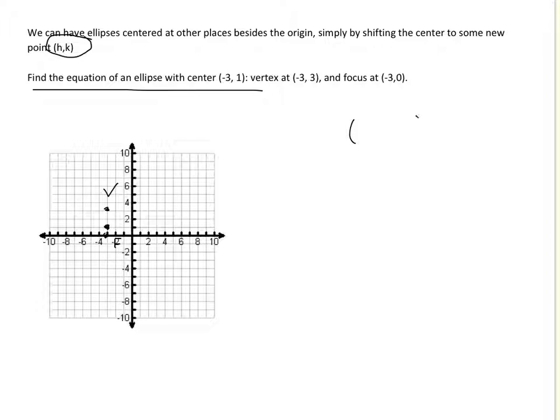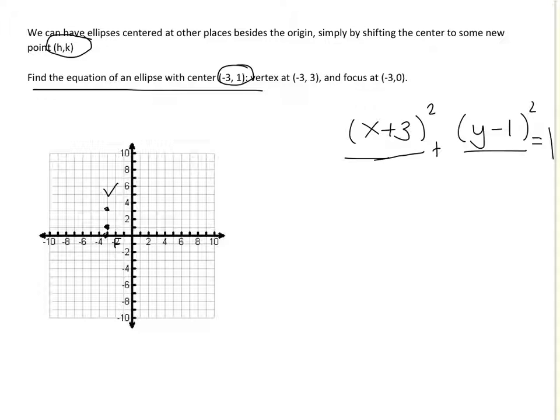So when I write my equation, right away I know the center is -3, 1. So instead of just x and y like we traditionally have here, just like in the circle and in the parabola, we take the opposite of that. So the opposite of -3 would be +3. The opposite of 1 would be -1.